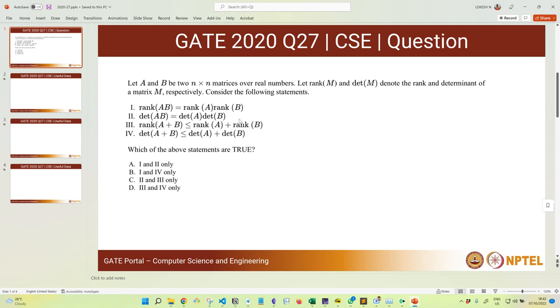Is rank of AB equals rank of A into rank of B?